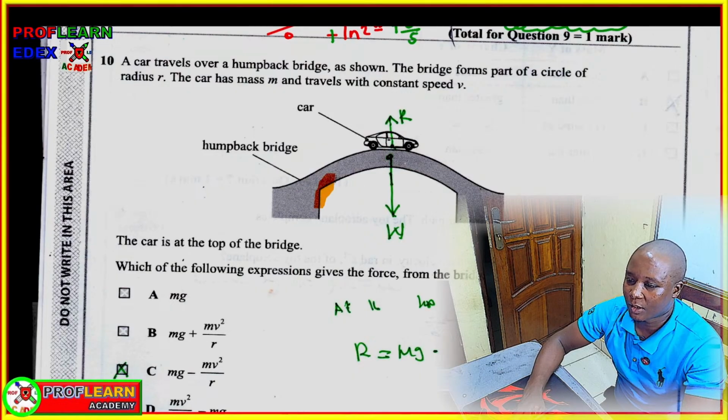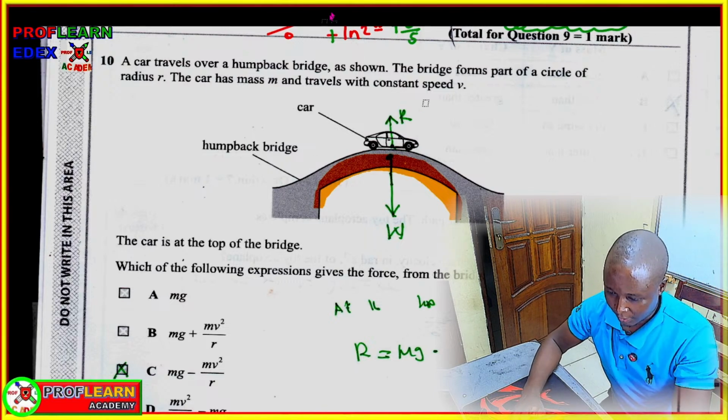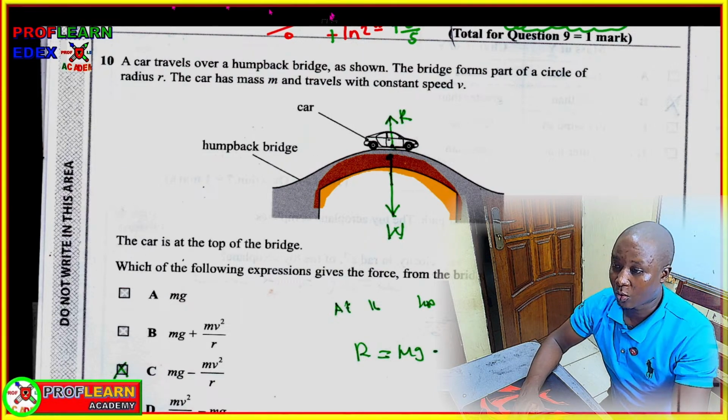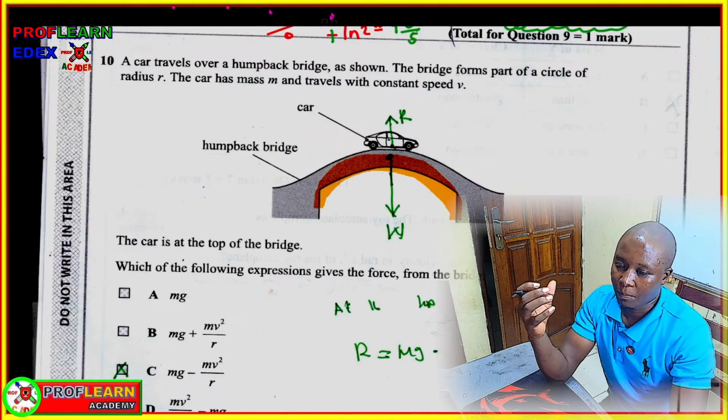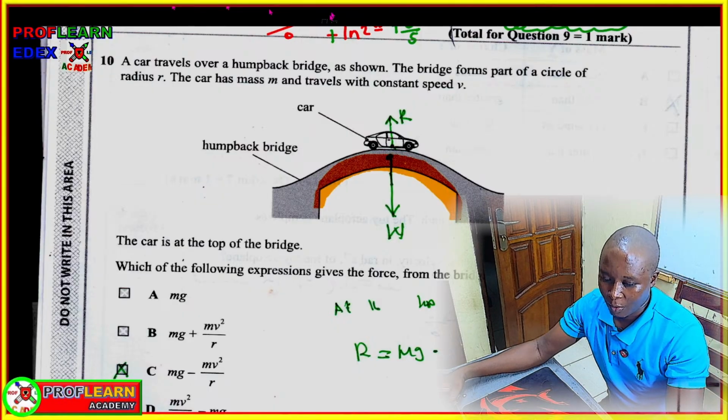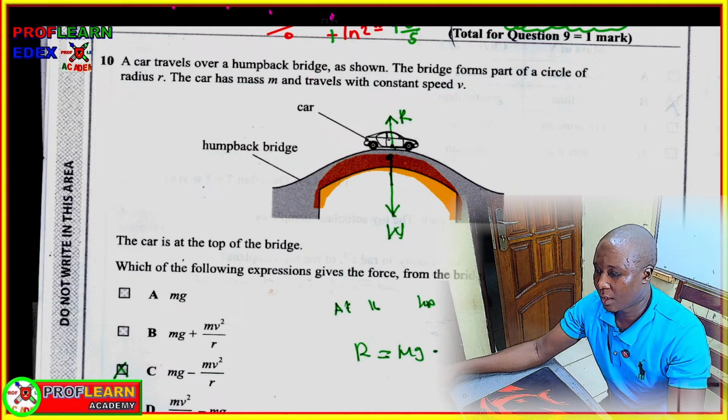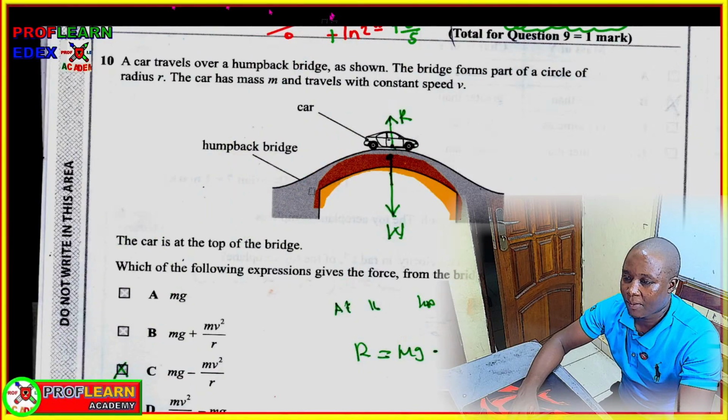But remember, since it's moving in a curved region, we shall have a kind of circular motion taking place there, and that is going to imply that the centripetal force, which is mv squared over r, is going to be equal to mg minus R. So if you can understand that there is a relationship between this car moving on a humpback bridge, there is circular motion.